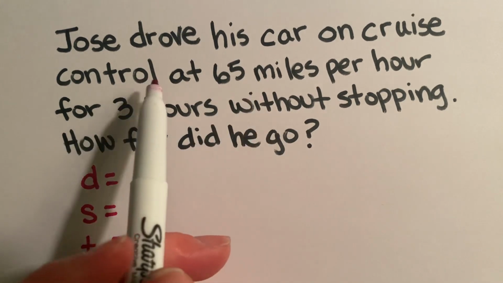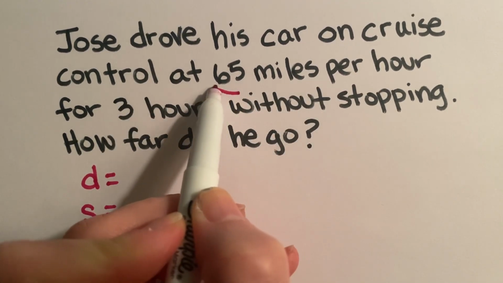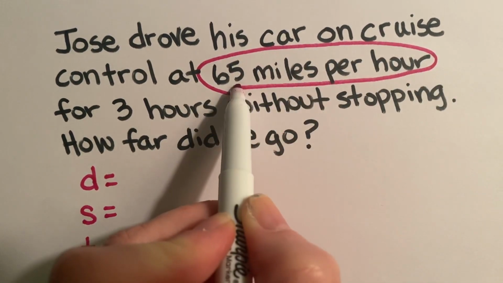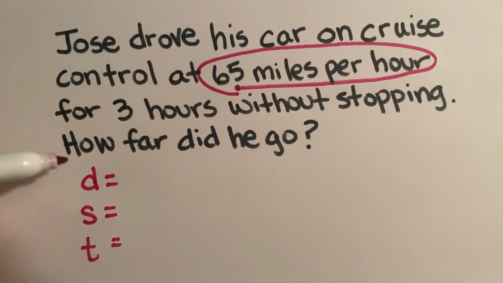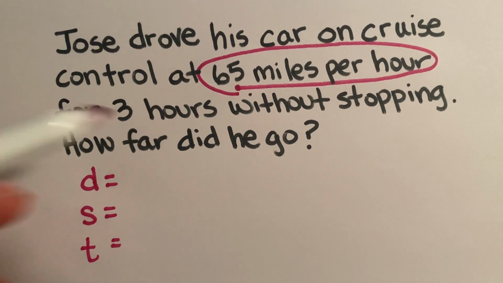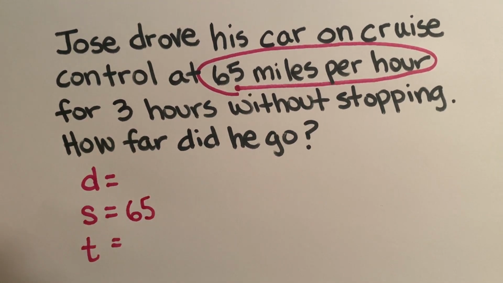So let's find our first number. That would be 65 miles per hour. So we have to think, Jose drove his car on cruise control at 65 miles per hour. Is that a distance, a speed, or a time? Well, I hope you're thinking it's a speed. So the S is going to be 65.